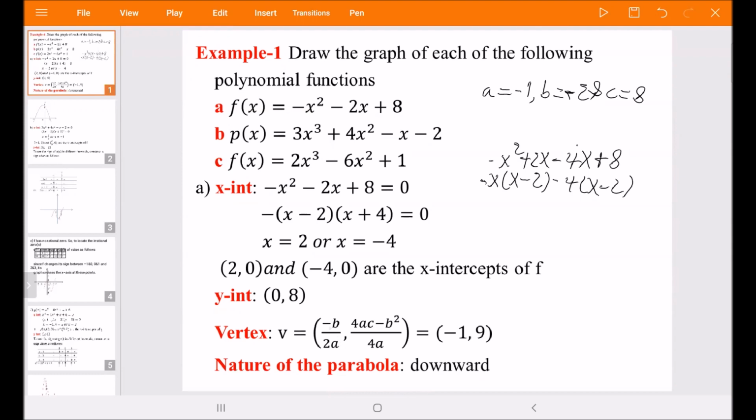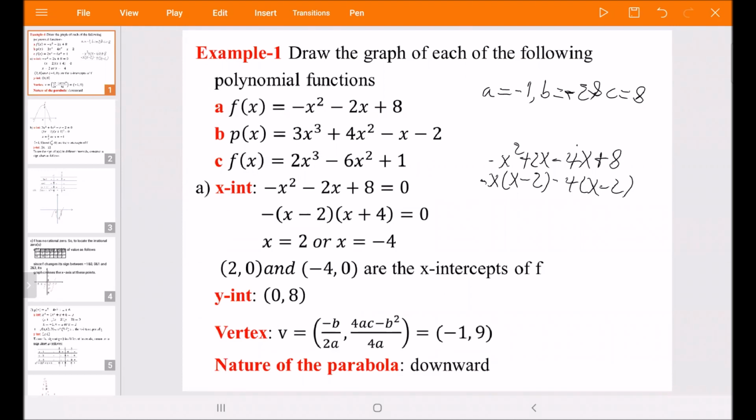Its first component is minus b over 2a, and its second component is 4ac minus b squared over 4a. After substituting a, b, and c in these formulas and simplifying, the first component of the vertex is minus 1, and its second component is 9.